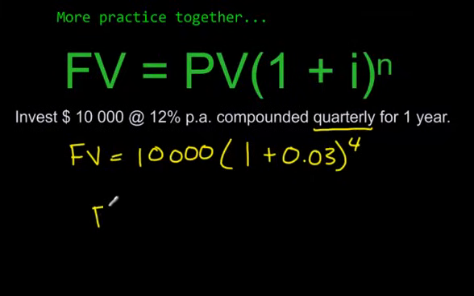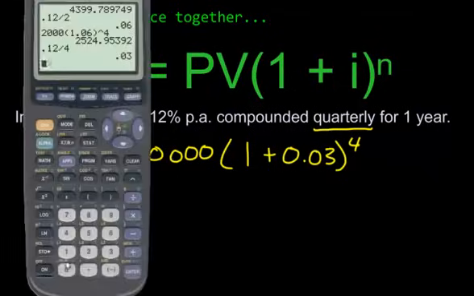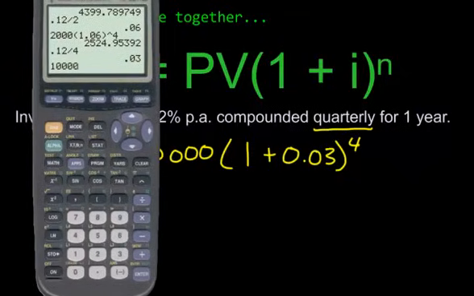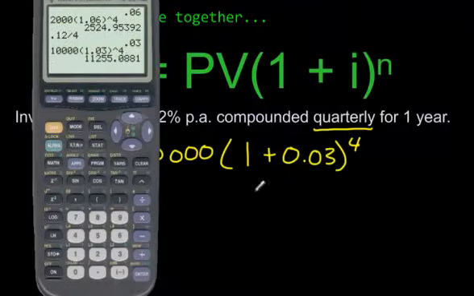All right, let's figure out the final value or the future value. Here we go. It was $10,000, I believe. Okay, plus, sorry, not plus, times 1.03 bracket exponent 4. Here we go.